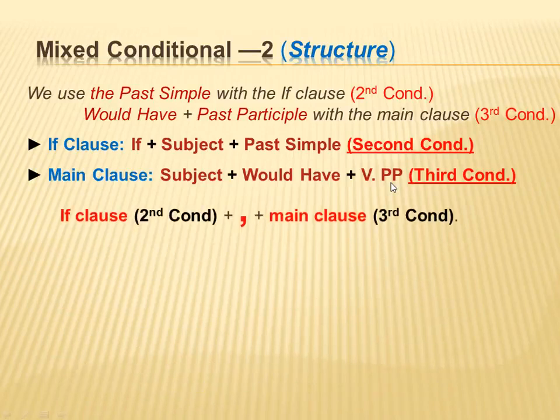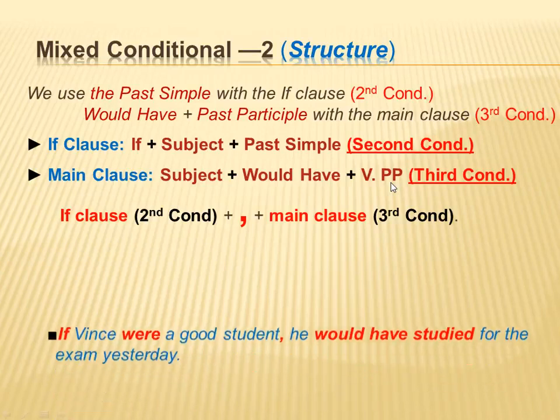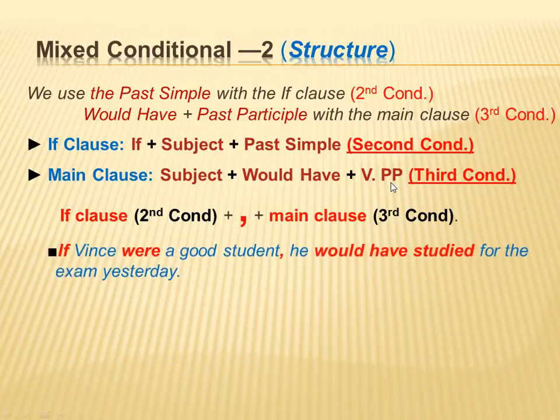In the if clause, second conditional, after that, you have to use a comma plus the main clause, third conditional. This is an example. If Vince were a good student, he would have studied for the exam yesterday.